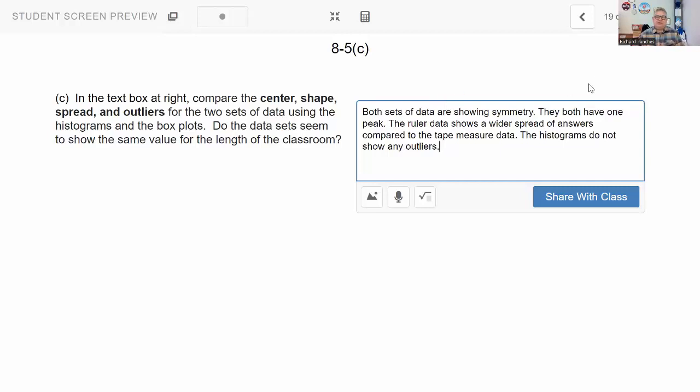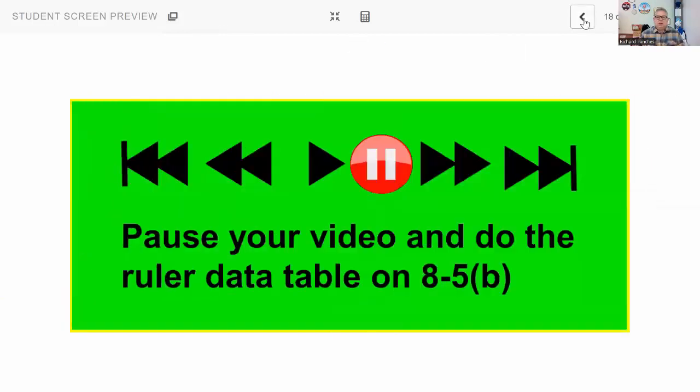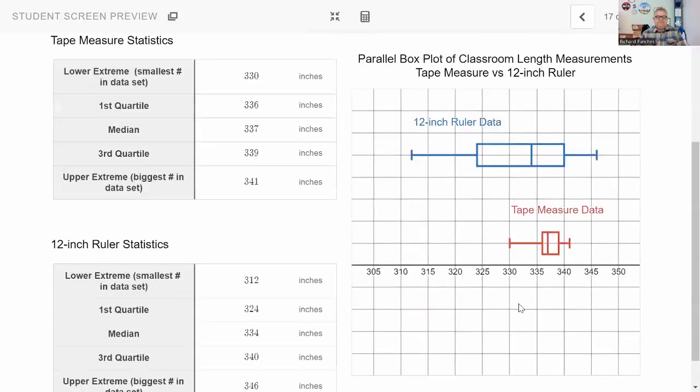Now, if we go back and look at the box plots, and I'll come back to this if you're still typing, you can pause it if you need to. On the box plots, we can see that both of their medians are actually pretty close together. And so that means that's probably a relatively accurate number for both of them.